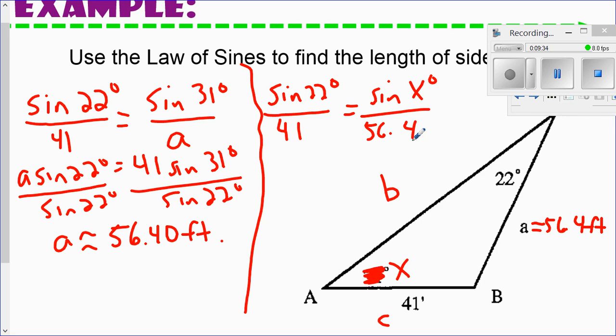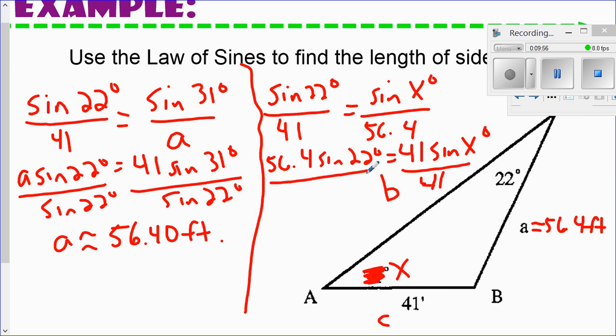So I'm going to do the same thing: 56.4 times the sine of 22 degrees should be equal to 41 times the sine of x degrees. So the first thing I'll do is divide by 41. That gives me some number, which I'll type in the calculator.